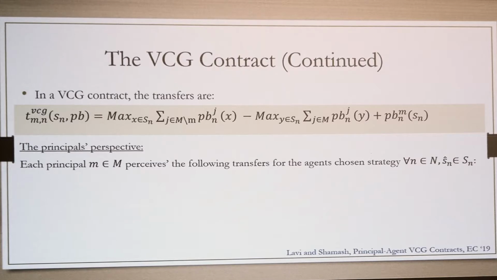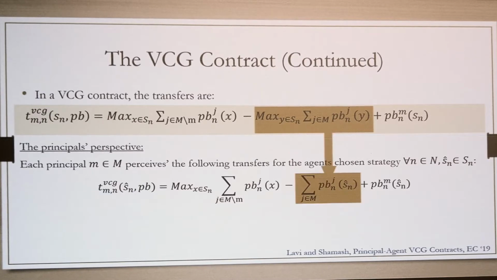So what does principal M see? Principal M, of course, knows what agent N does. Principal M knows that if agent N chooses Sn, then this term is equal to the sum of bids on the chosen strategy. So this is what principal M sees.